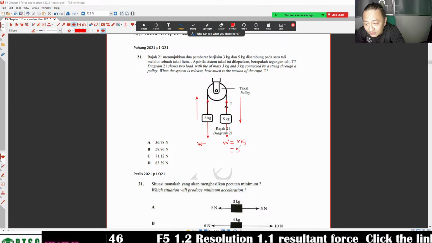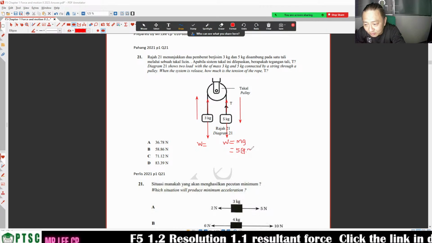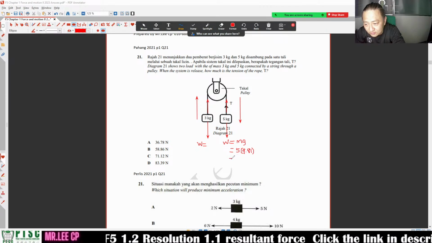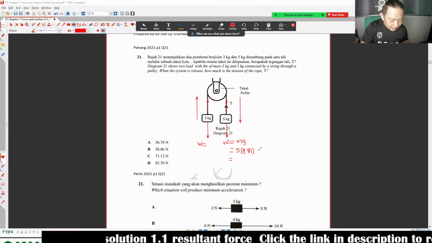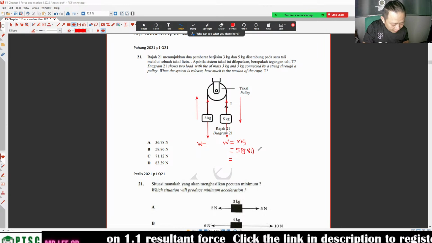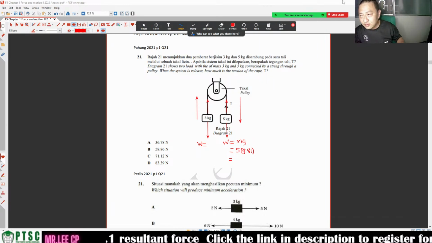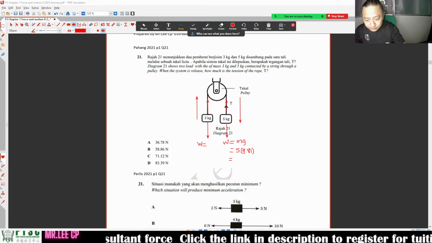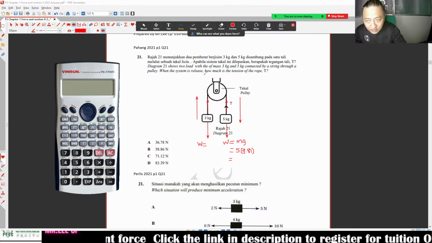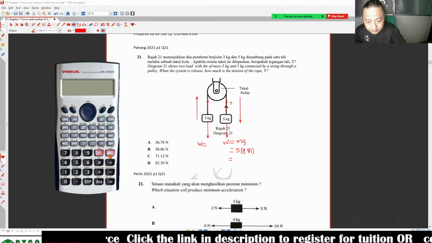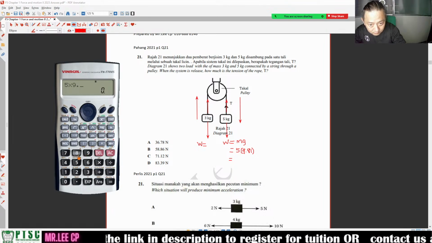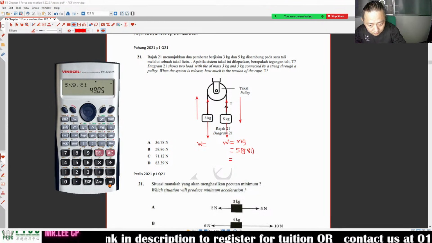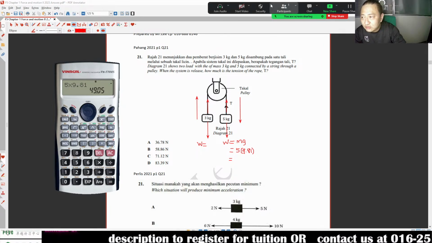M is 5, g is 9.81. 5 times 9.81 is 49.05.